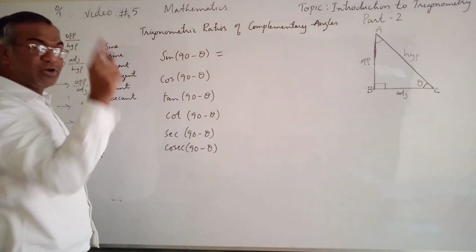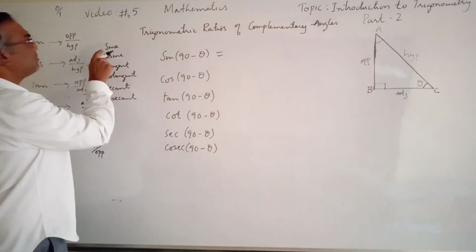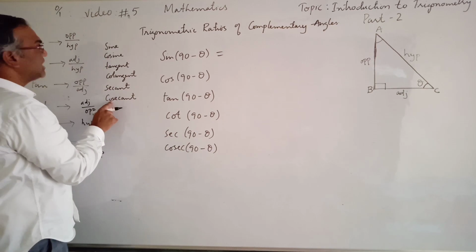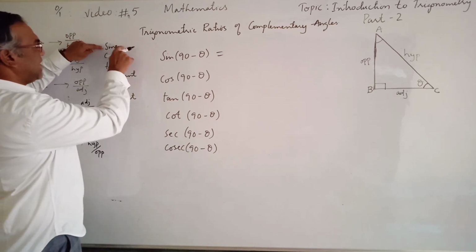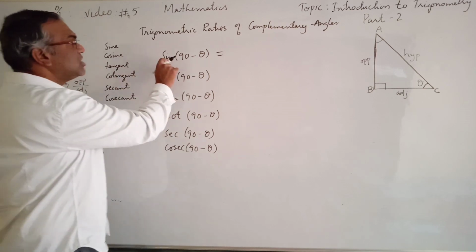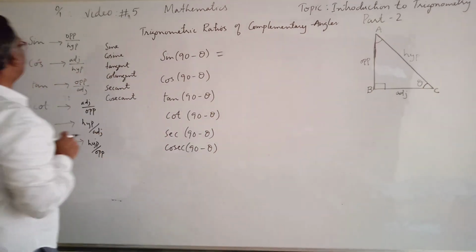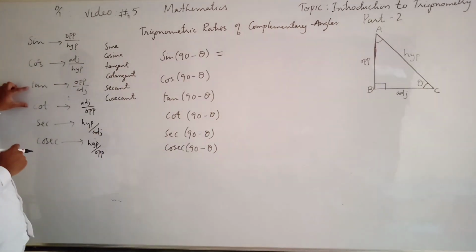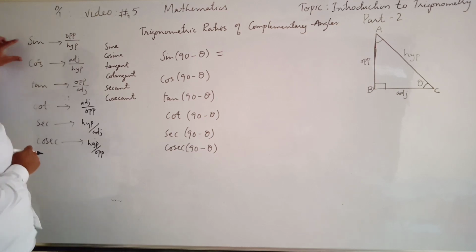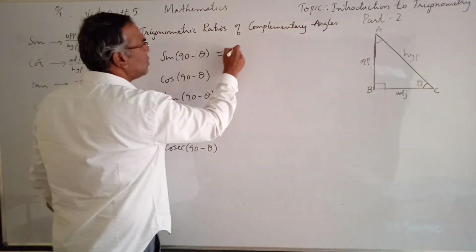As I showed in the previous video, sine and cosine are cofunctions of each other. Sine and cosecant are reciprocals, but sine and cosine are cofunctions. Tan and cot are co. Sec and cosec are cofunctions of each other. So sine changes to cos.